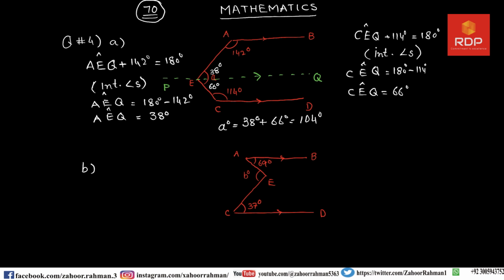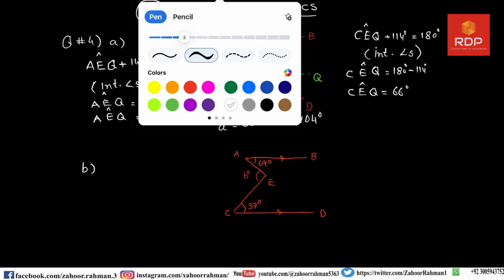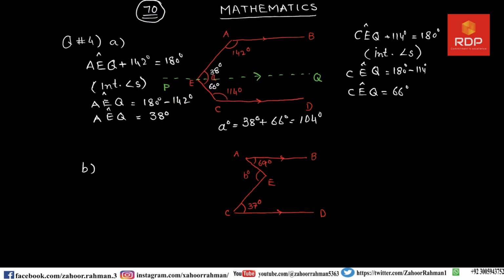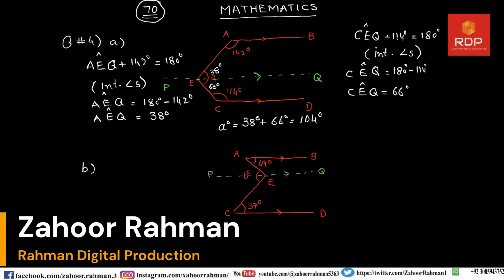So I am dividing this B into two parts by drawing a parallel line, and I am labeling this parallel line as PQ.